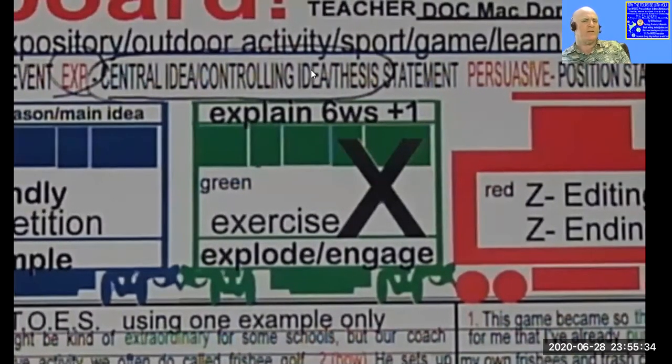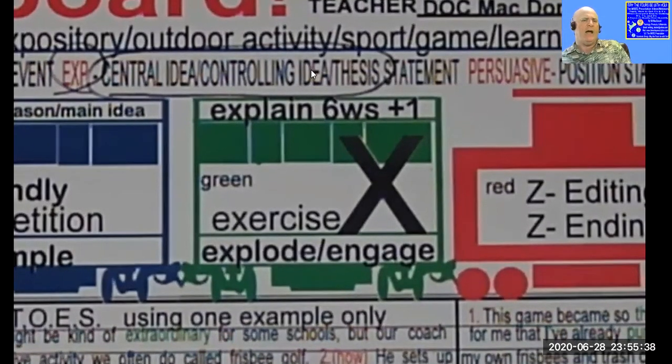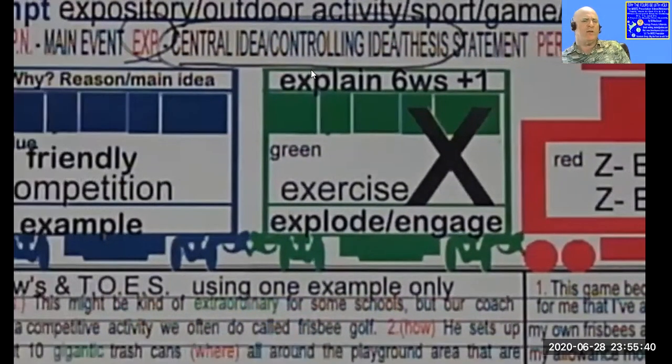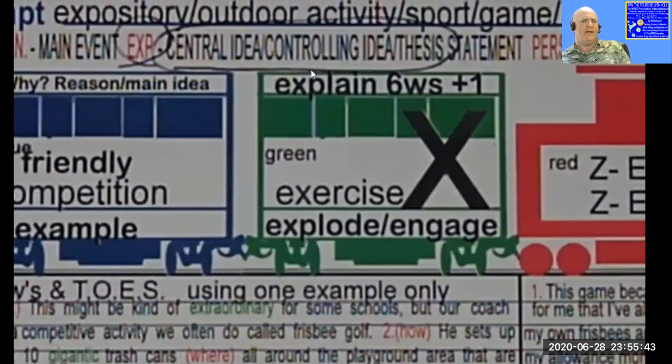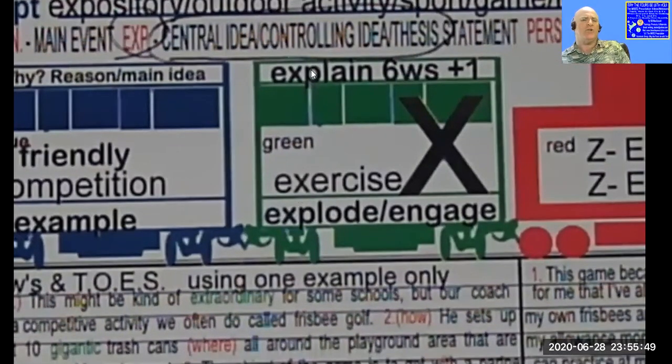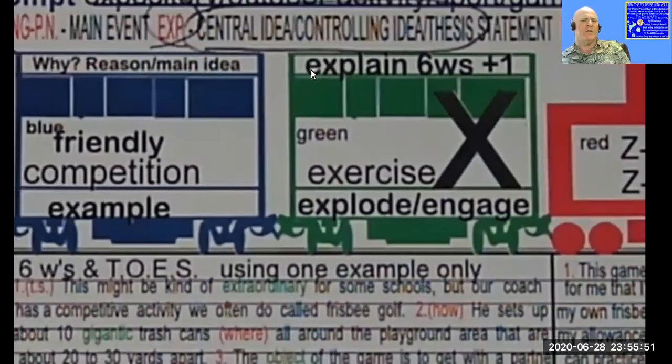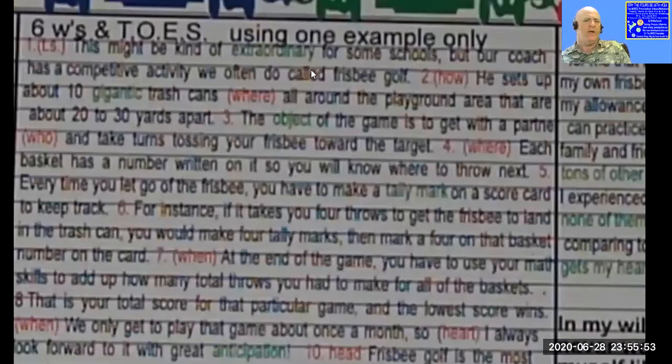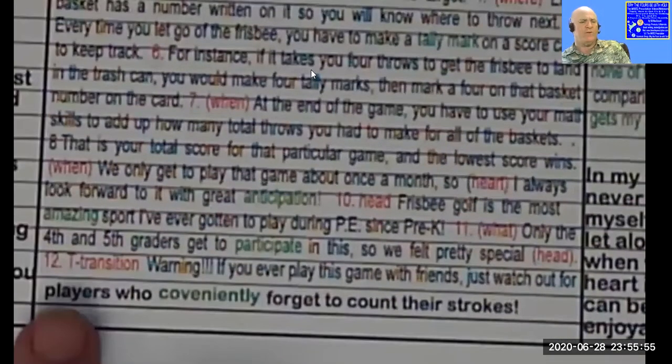I thought I might share with you a second reason, but I said no. Instead of using a reason like exercise, that you get exercise playing this game, I decided to use the green train to explain and explode using the 6Ws+1 and to engage you with higher vocabulary and voice. So you're going to see all that in the body, 12 different sentences.